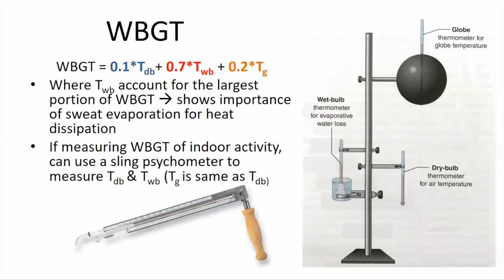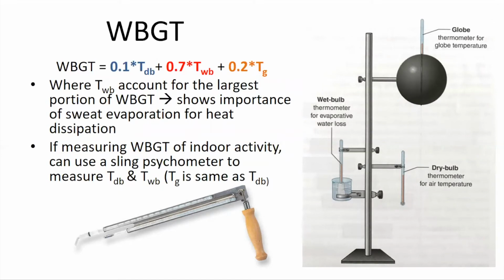So you would wet the gauze with deionized water, hold the handle, and sling it around and swing it around until the temperature on the thermometer stops dropping. The more dry the condition, the more the temperature would drop. The more humid the condition, the temperature would change to a smaller degree. And this is important because this is measuring our evaporative capacity, right?